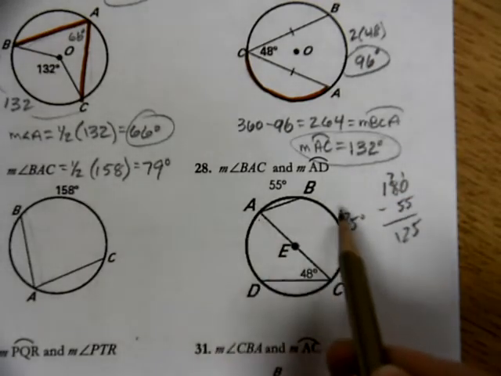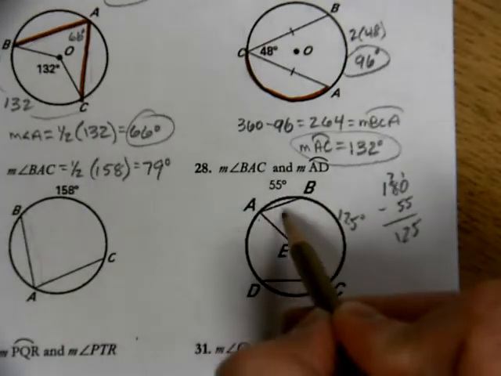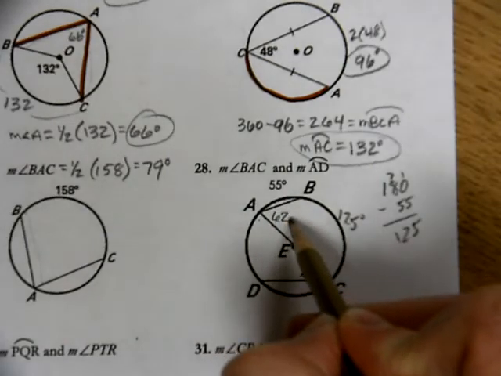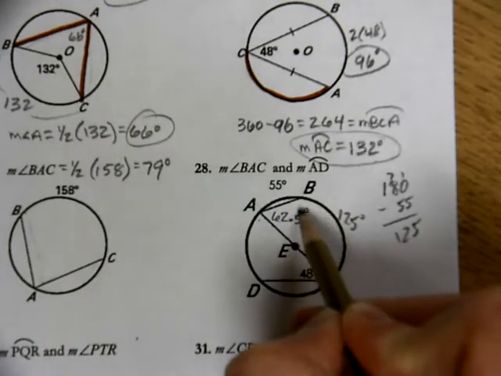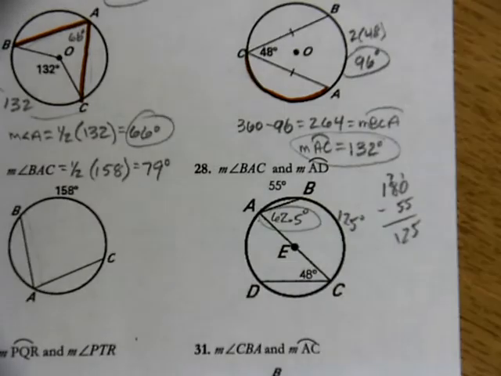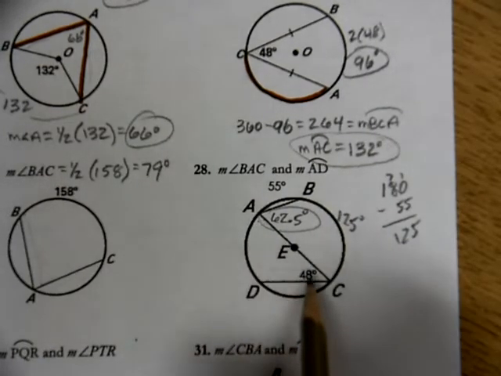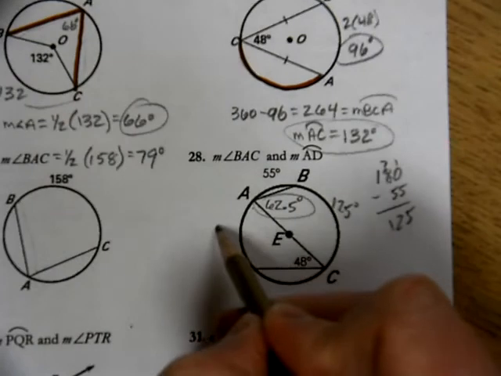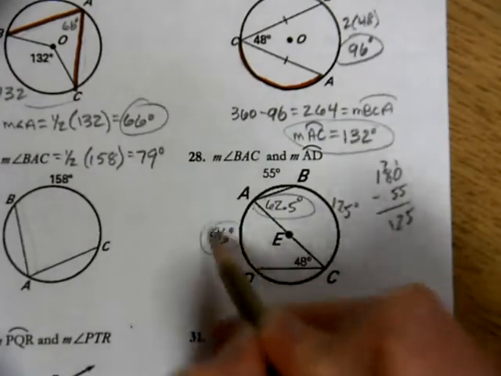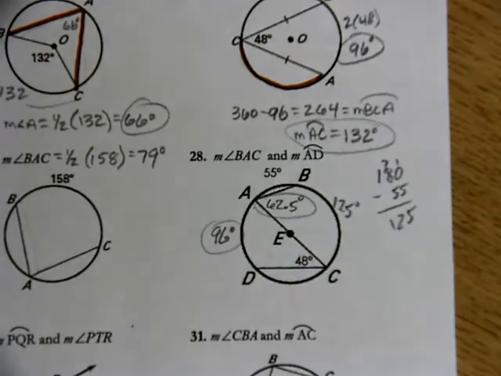And the angle is going to be half of that. 62.5. And then the arc, if this is an inscribed angle, the arc is going to be double the inscribed angle.